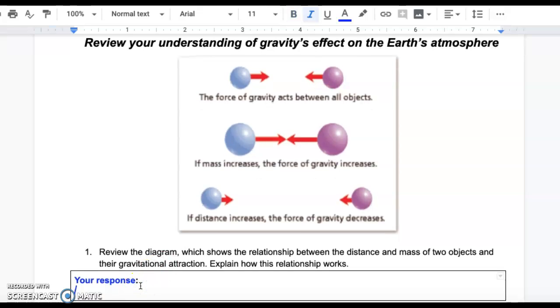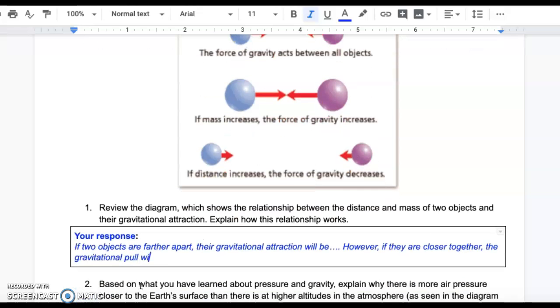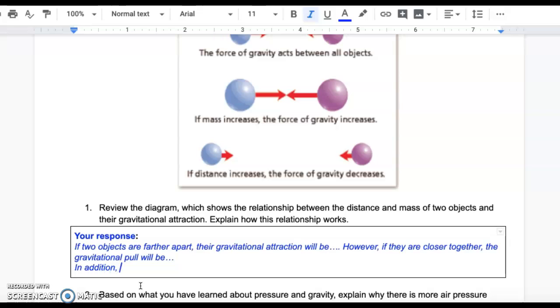So if I were you, I would start by saying something like, if two objects are farther apart, their gravitational attraction will be... However, if they are closer together, the gravitational pull will be... In addition, the more mass an object has, the greater... the more mass two objects have, then their gravitational attraction will be higher or lower, right?